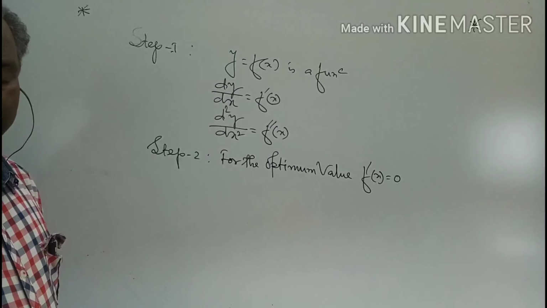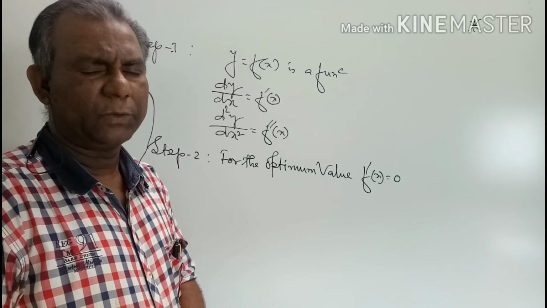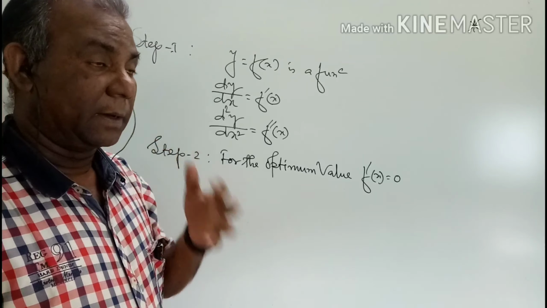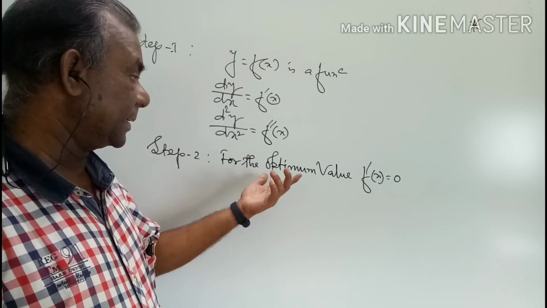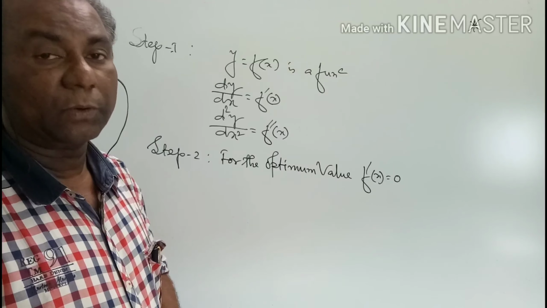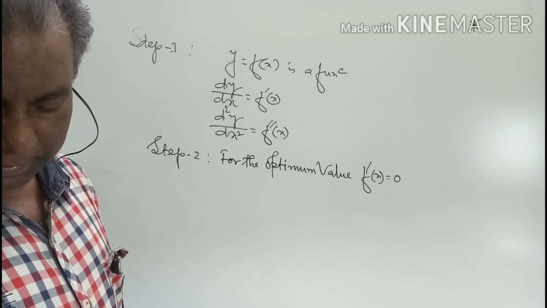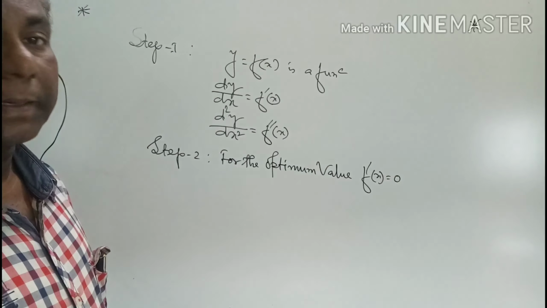Optimum means it may be maximum, it may be minimum. We don't know whether the given function has maximum value or minimum value or both. So that's why we are writing, for the optimum value, f dash x is equal to 0.